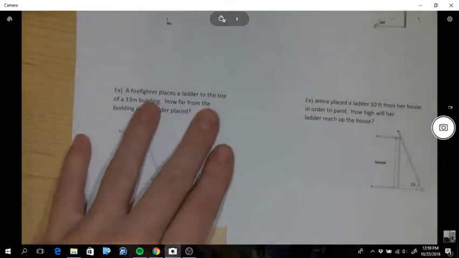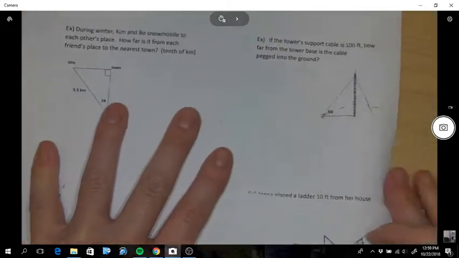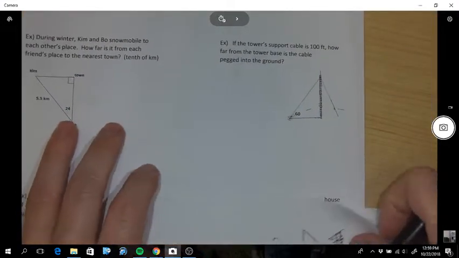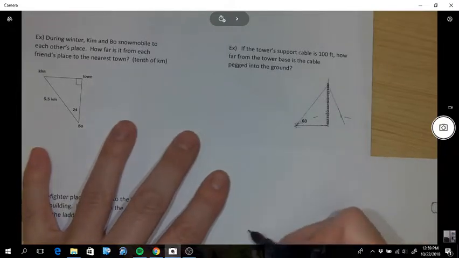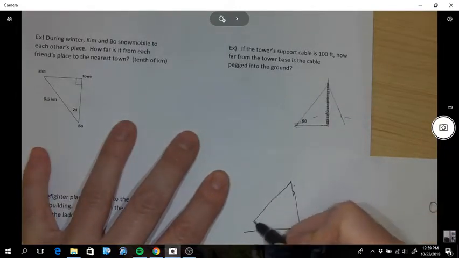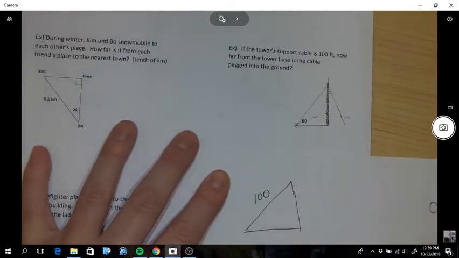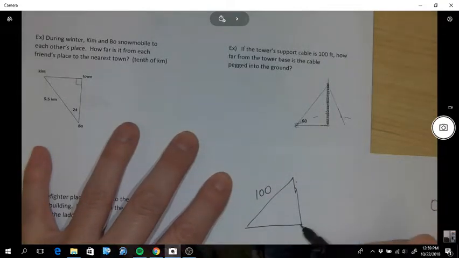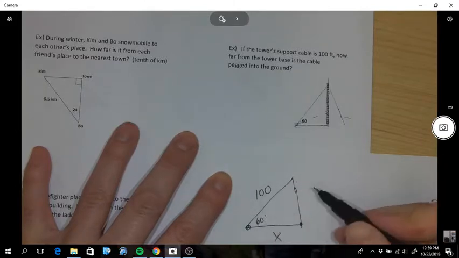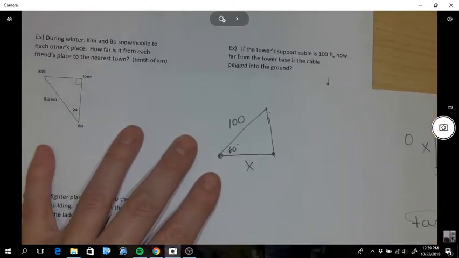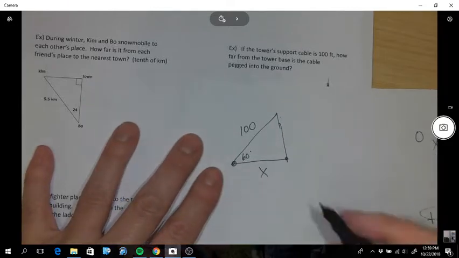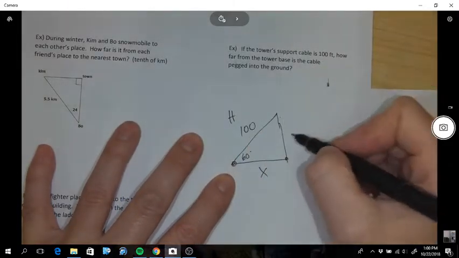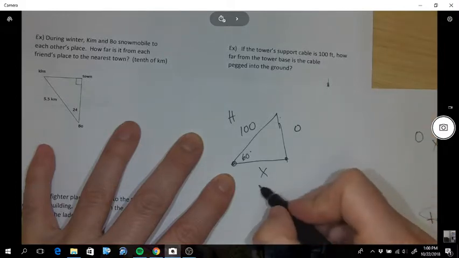If you want, I can go back and give you this one here. A tower support cable is 100 feet. So that's here. And how far from the base is the cable pegged in the ground? That's what you want to know. So I'm going to go with this as my H, this is opposite, and this is adjacent.